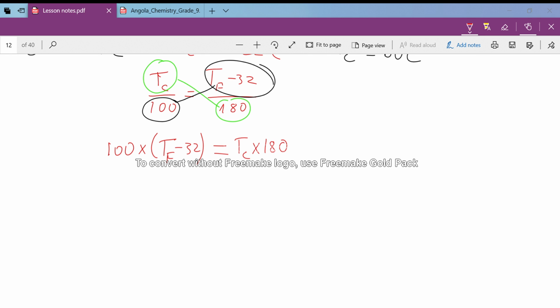Okay, this is the first step, but what we want to isolate is Tf. So we have to move this number to the other side. So how do we do that? This is multiplying. When we move it, we'll be dividing.